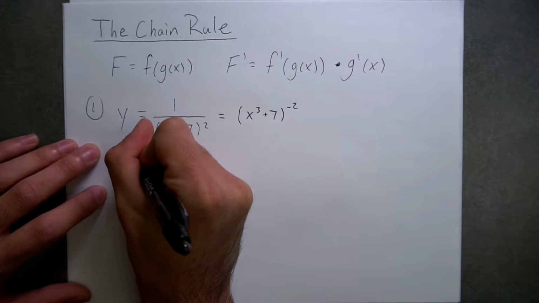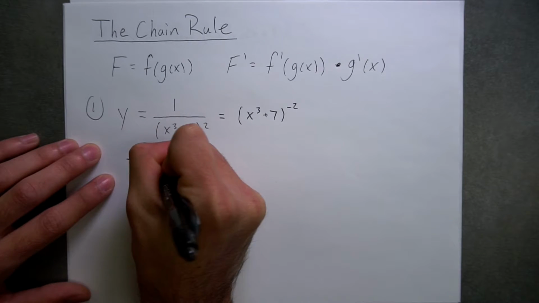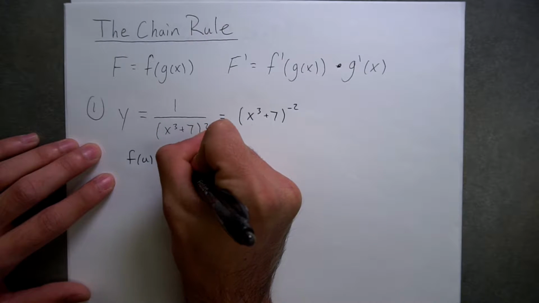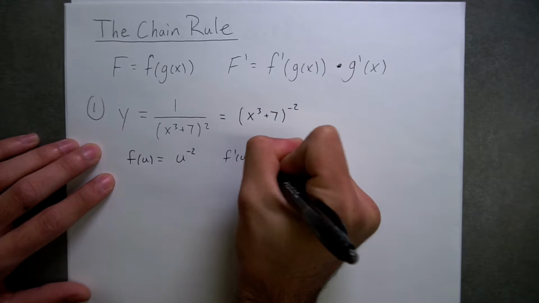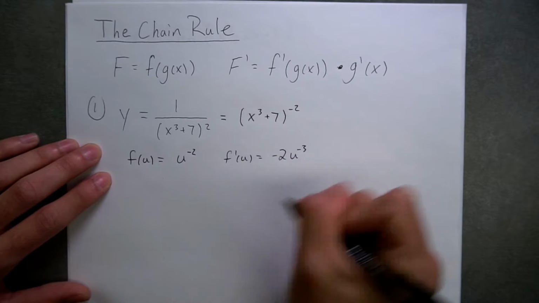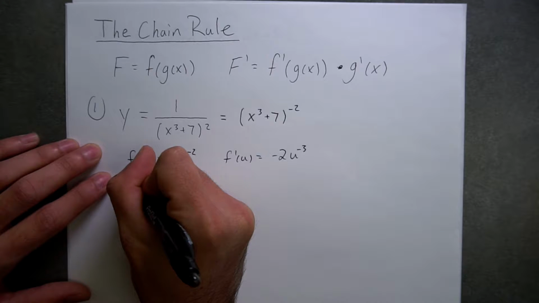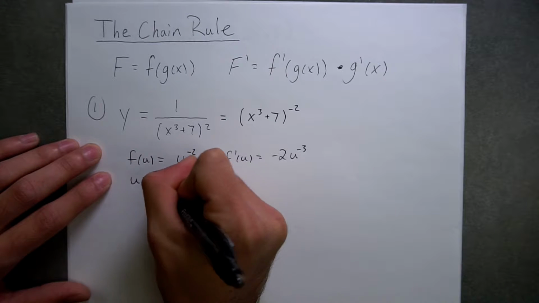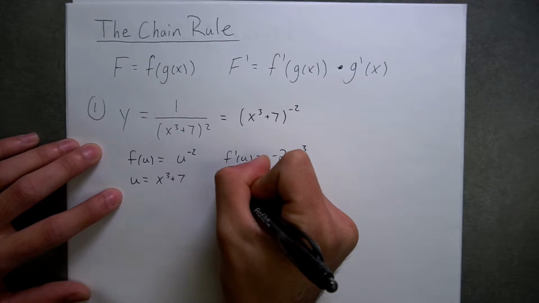So the outside function is f of u, which is u to the negative 2 power, and f prime of u would be negative 2 u to the negative 3. It's just the power rule. And the u is x cubed plus 7.